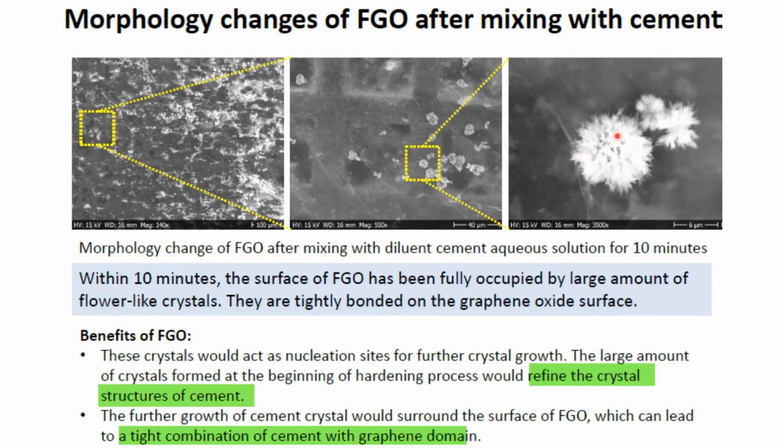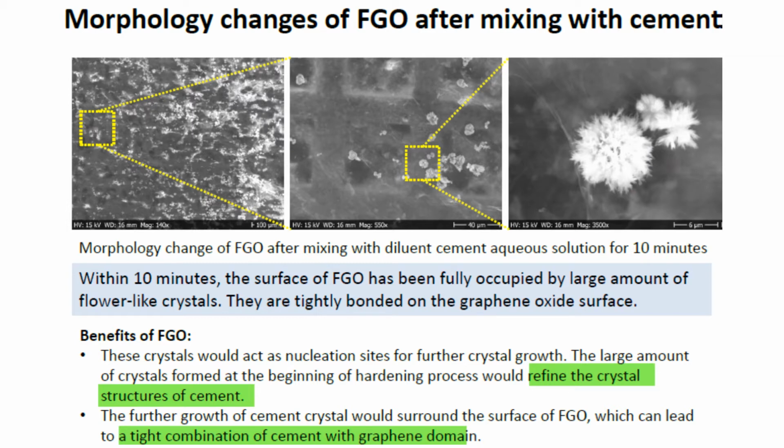These crystals growing on the graphene surface have a good interaction by means of covalent or non-covalent interactions like hydrogen bonds. So eventually you end up with a very good connection or bonding between the graphene surface, which is nothing but a filler material in this composite, as well as the cement hydrate phases.